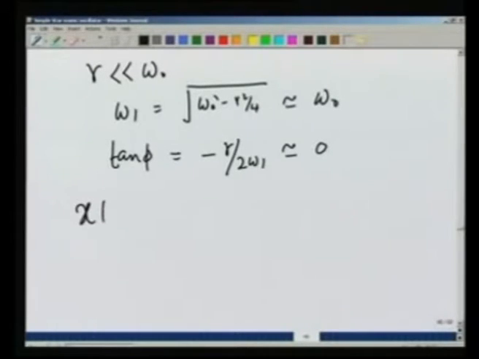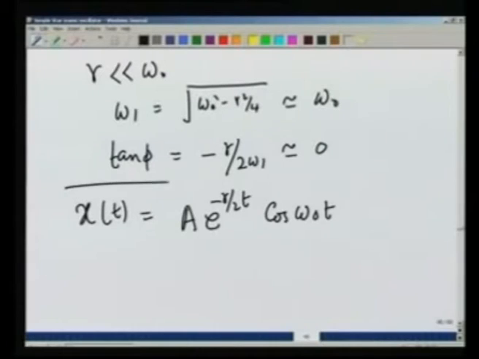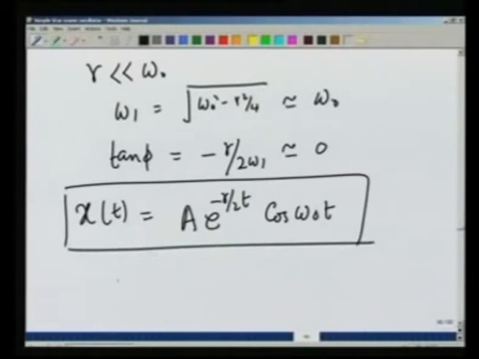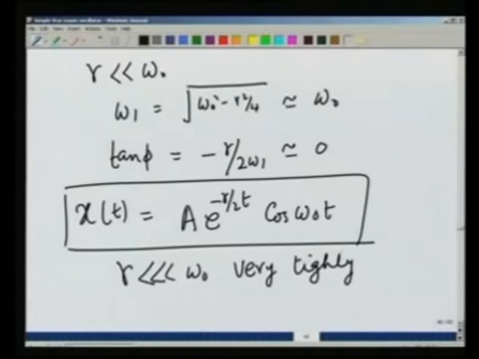So, I can write the general solution as amplitude e raised to minus gamma over 2 t cosine of omega 0 t. Let me call this the case when gamma is much less than omega 0, very lightly damped oscillator.